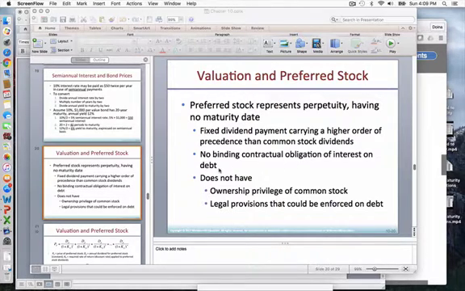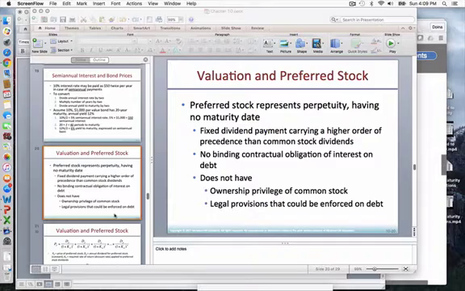You don't have ownership privilege of common stocks, which means no voting privilege. And also there are no legal provisions that could be enforced. For example, if the company loses money, you are not liable for that.